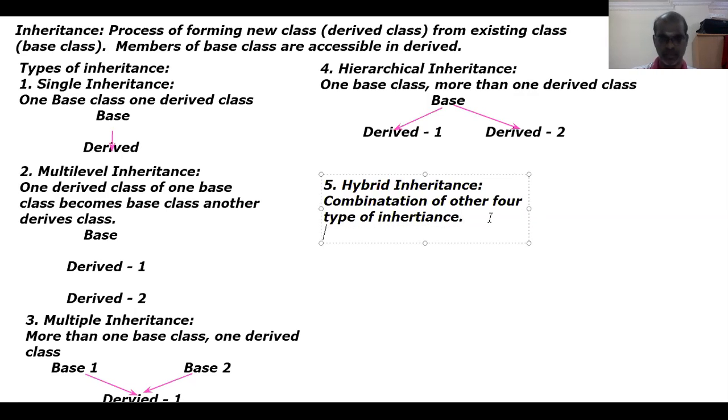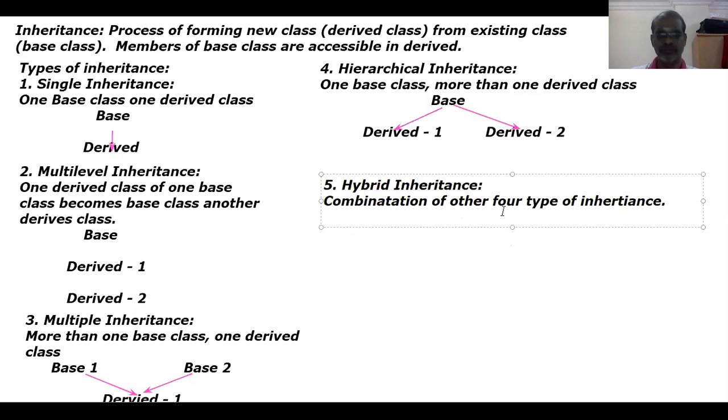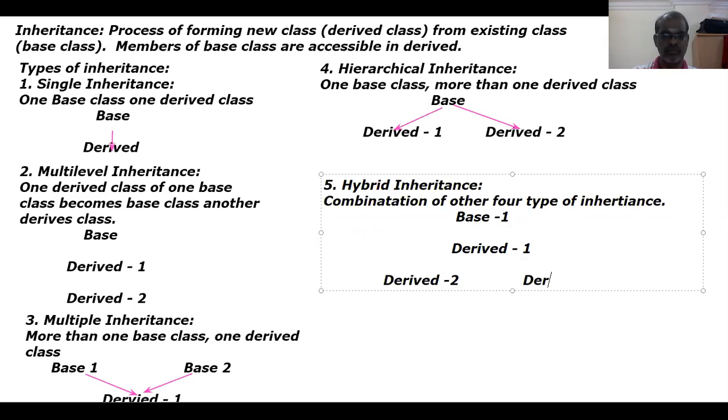So see here, one base. This is base one. Under this, base two. Now we can put derived one under this, derived two, derived three.